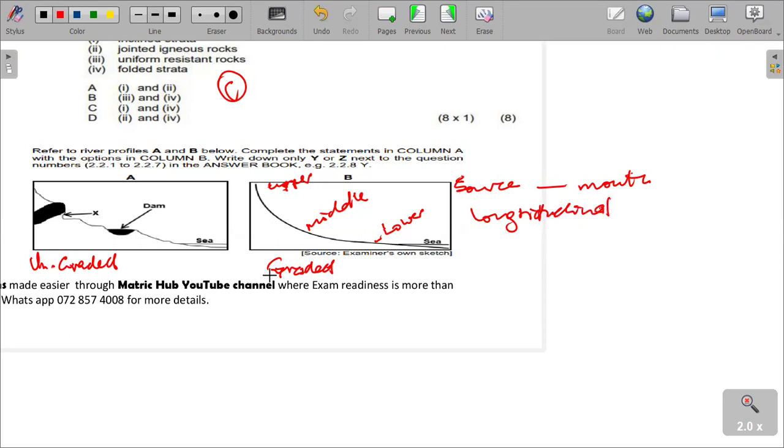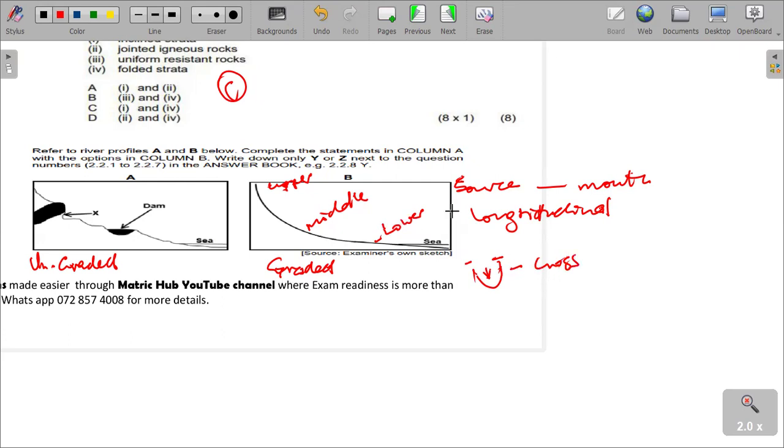When we are talking about a cross-section, we are talking about one river bank to the other, which shows the river width and the depth of the river channel.